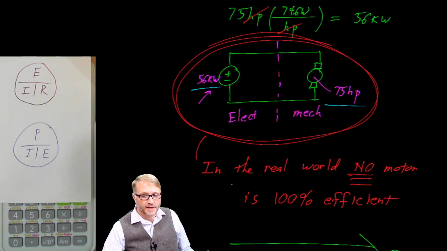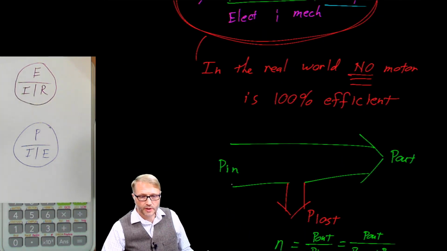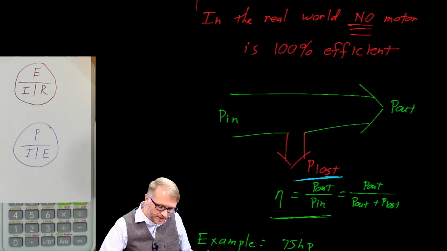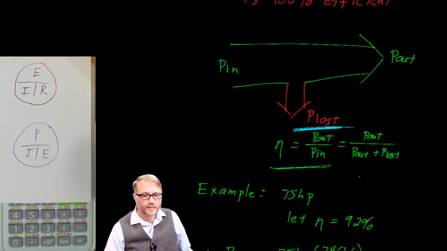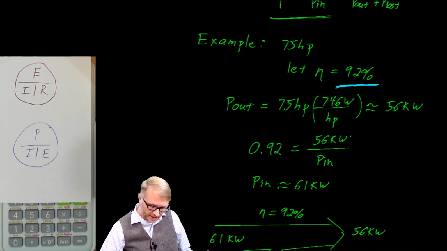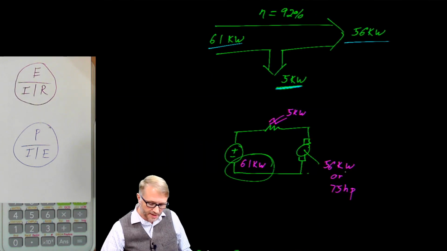But that never happens because no motor in the real world is 100% efficient. We always have power lost. We ran the example again, this time 75 horsepower with an efficiency of 92%, and we determined that we needed 61 kilowatts on the input electrical side to make that happen. And that's shown here again, where the output is 56 kW or 75 horsepower.